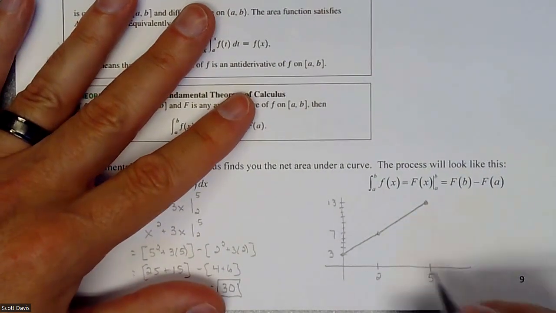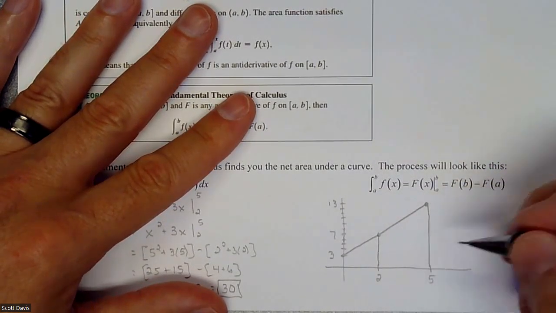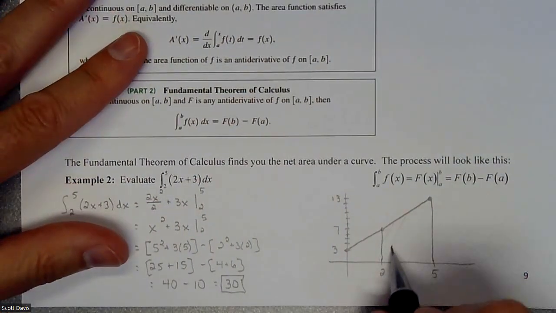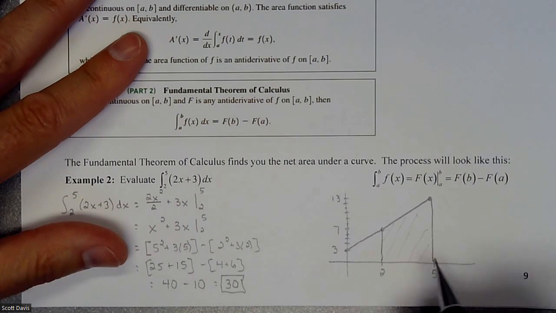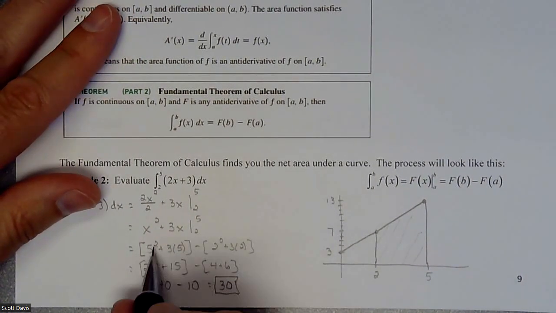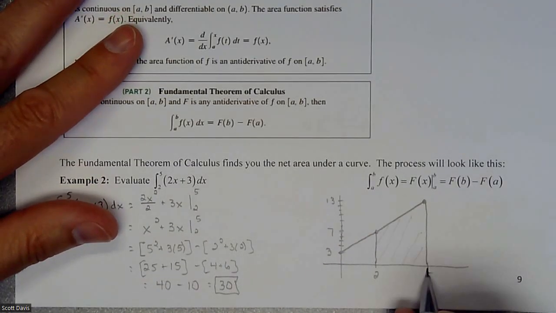So we have this linear equation, but we're finding the area from here to here. I want to talk about where these values come from. This is our eventual goal for our area. But what the fundamental theorem of calculus does is, when you plug in the 5, you are actually finding the area from 0 to 5.